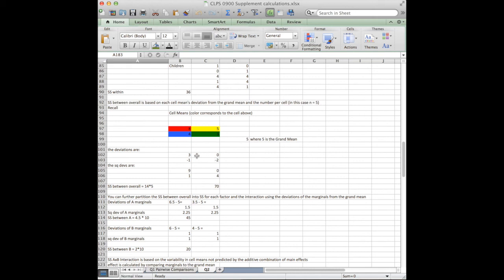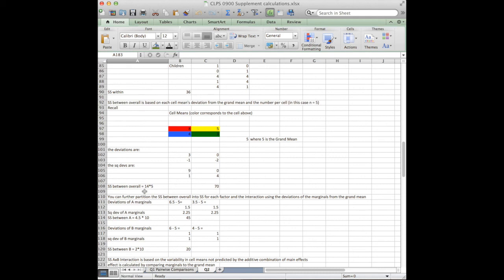Then we would square these deviations that we found. So 3 squared is 9. -1 squared is 1. 0 squared is 0. And -2 squared is 4. So then, to calculate the sums of square between overall, we would sum all of these squared deviations that we just calculated.